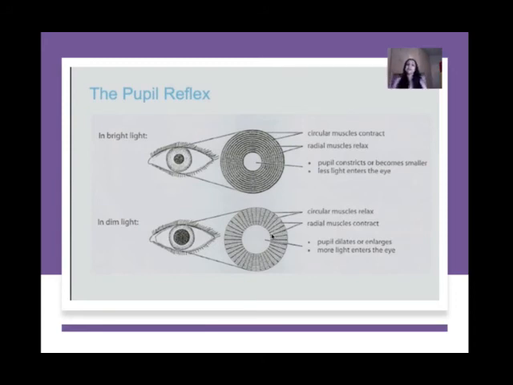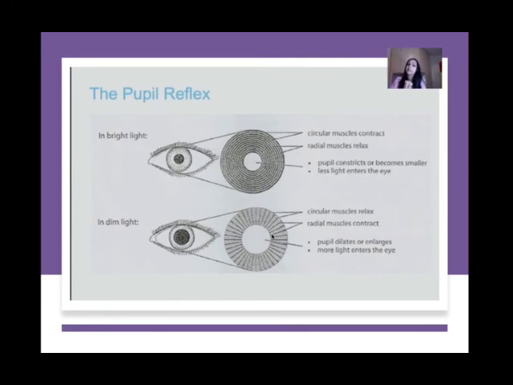Antagonistic muscles are muscles that are working in opposition to one another. When one of them contracts, the other one will relax. When one is relaxing, the other one is contracting. So those two muscles, the circular and the radial, are working in opposition to one another in order to bring about the change in the size of our pupil.